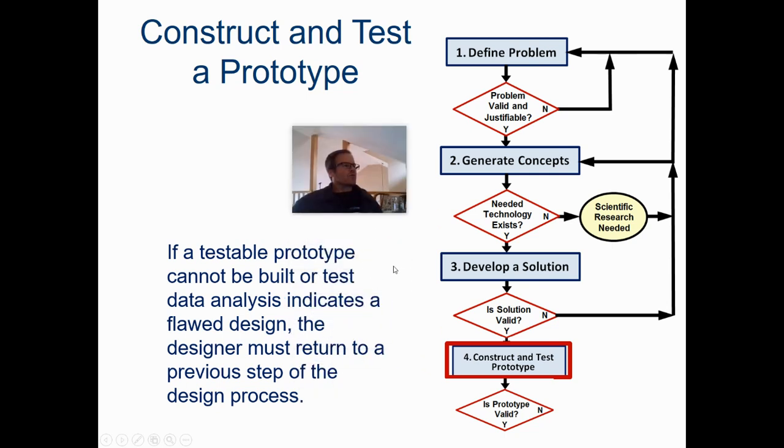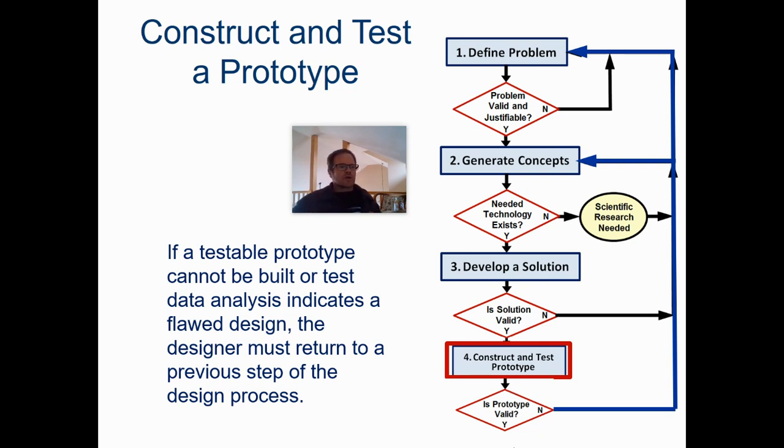If a testable prototype cannot be built or test data analysis indicates a flawed design, the designer must return to a previous step of the design process. So once again, we maybe go all the way back. You generated this prototype and you tested and you went, whoa, our testing did not go well.